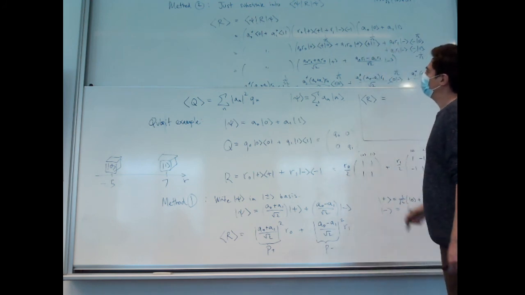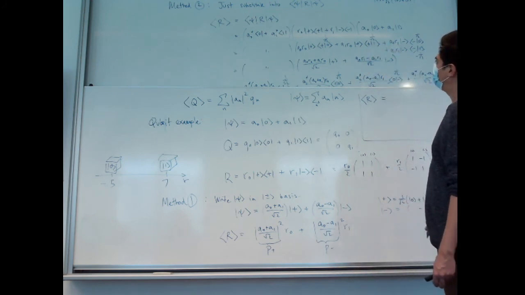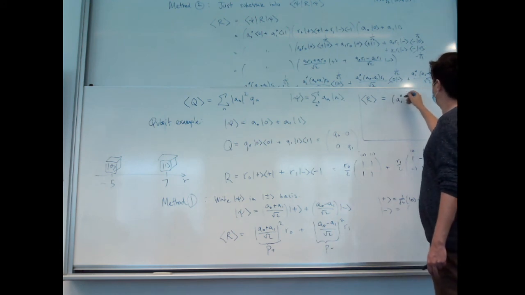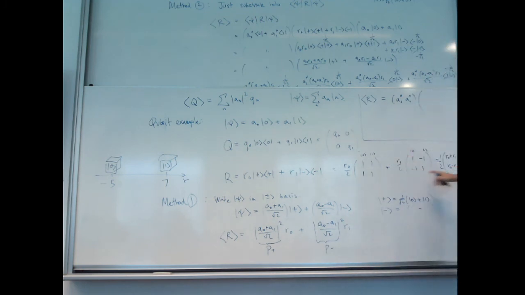I could have written this also as something like A0 star, A1 star, and our R matrix was this one: R0 plus R1, R0 minus R1, 0 minus R1, R0 plus R1.